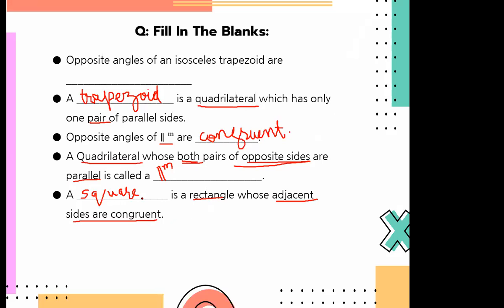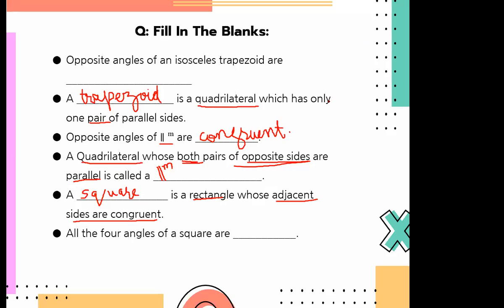Now the next one: all the four angles of a square are dash. Very easy. You can say that all the four angles of a square are congruent. This is a right answer, but whether they are right angles or not.